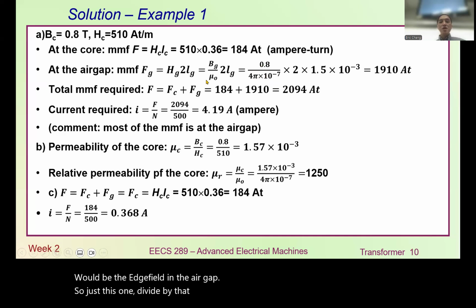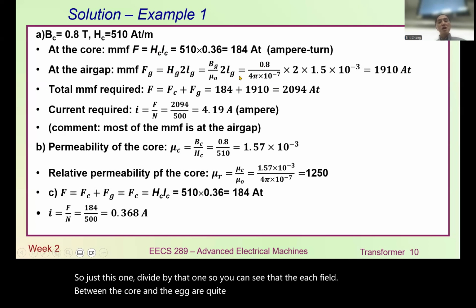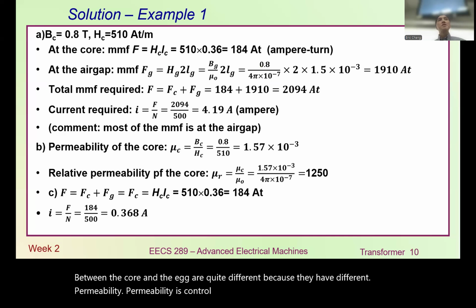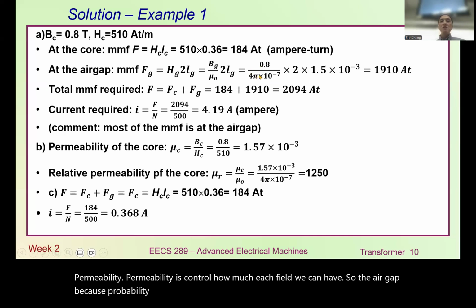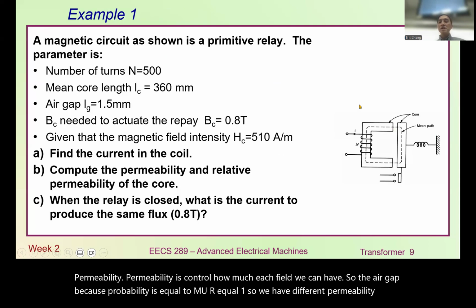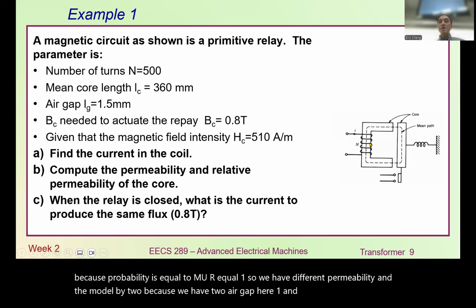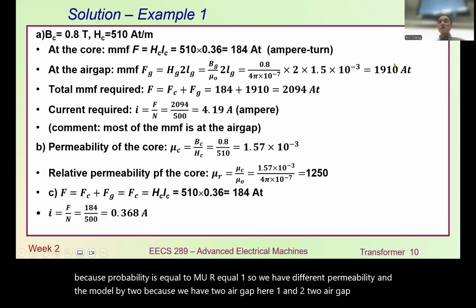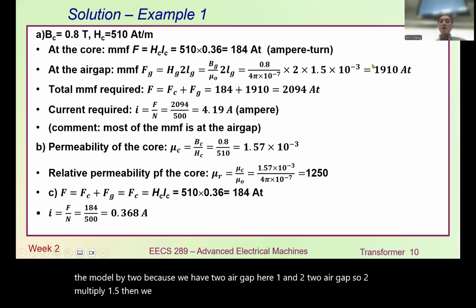You can see that the H field in the core and the air gap are quite different because they have different permeability. Permeability controls how much H field we can have. In the air gap, mu r equals 1. And then multiply by 2, because we have two air gaps here, one and two. So 2 multiplied by 1.5, and then we get the MMF here.